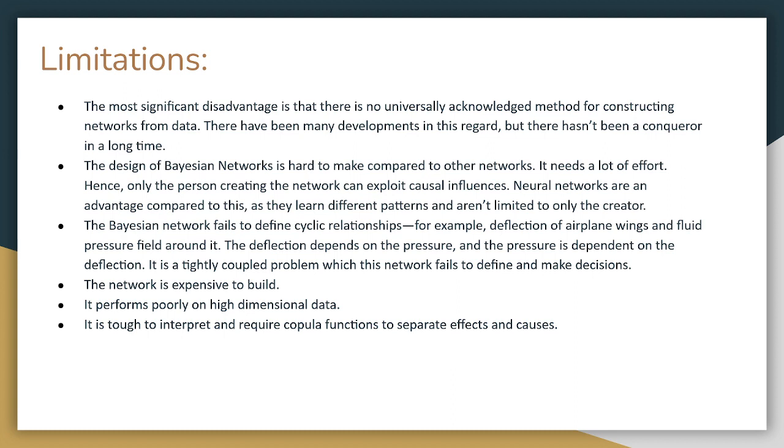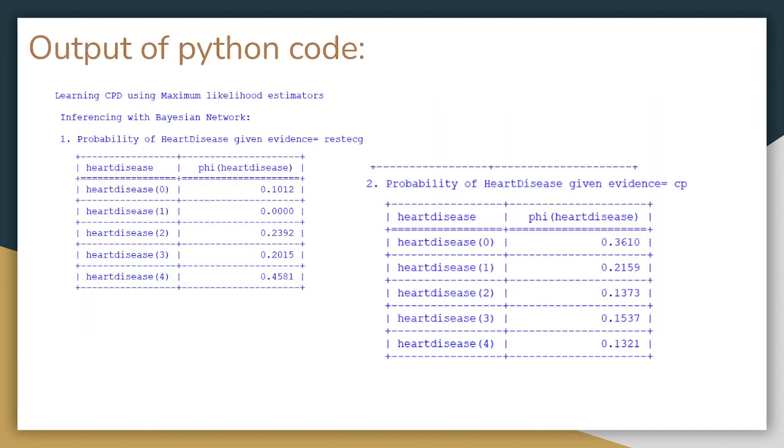The deflection depends on pressure and the pressure depends on the deflection. It is a tightly coupled problem which this network fails to define and make decisions on. The network is expensive to build. It performs poorly on high dimensional data.